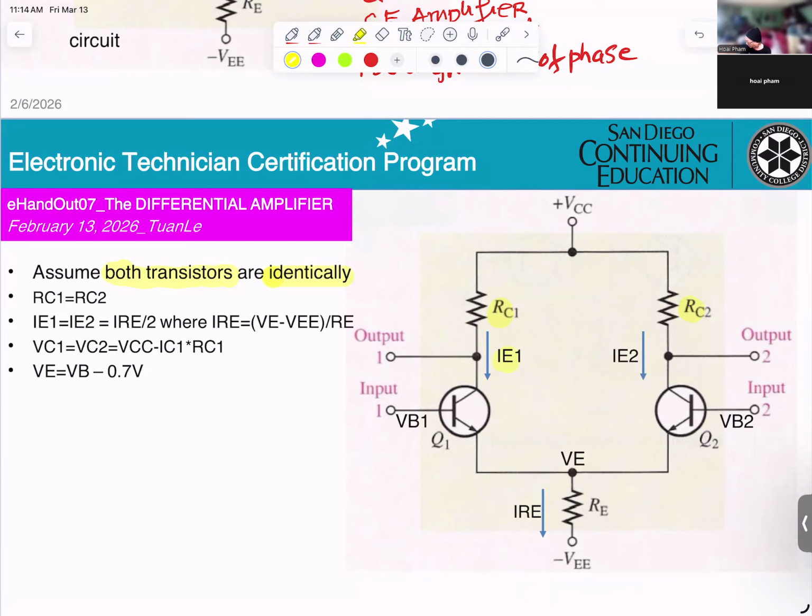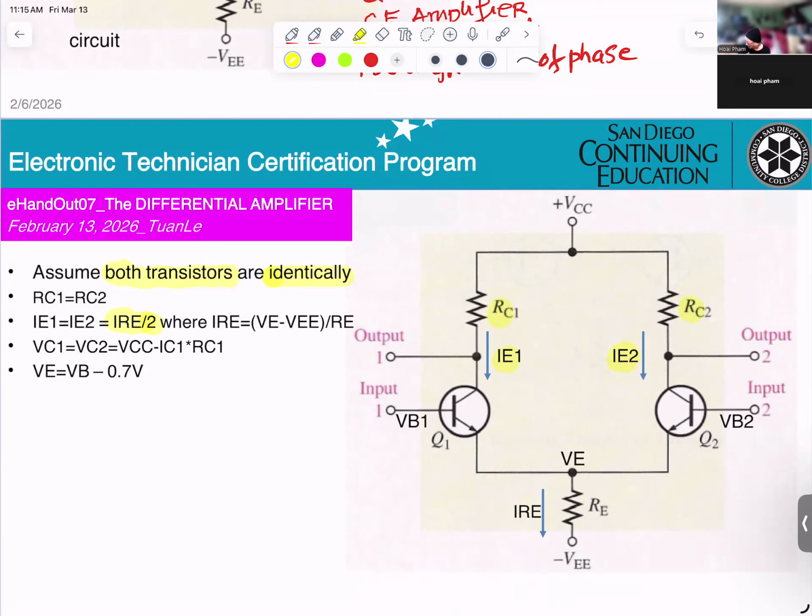So I1 and I2 will be the same, and they will be equal. Let's see, IC1 equals IC2 equals IE divided by 2. Okay?